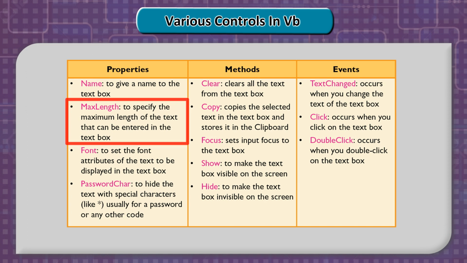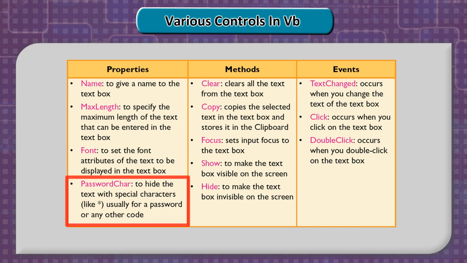Max length, to specify the maximum length of the text that can be entered in the text box. Font, to set the font attributes of the text to be displayed in the text box. Password char, to hide the text with special characters, like asterisk, usually for a password or any other code.